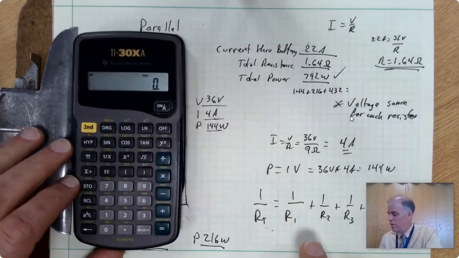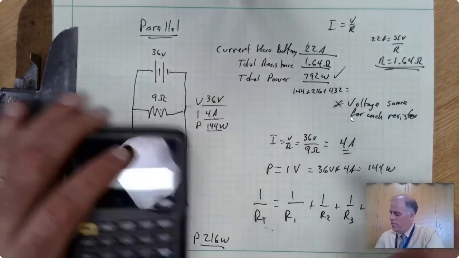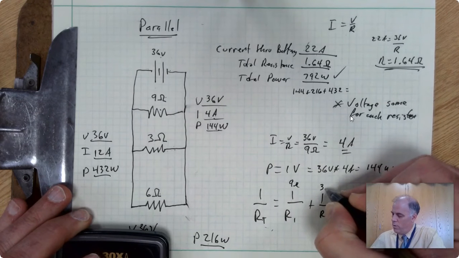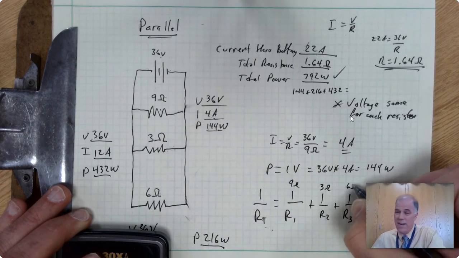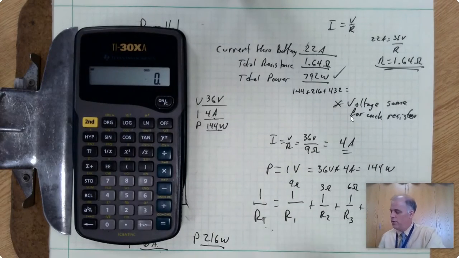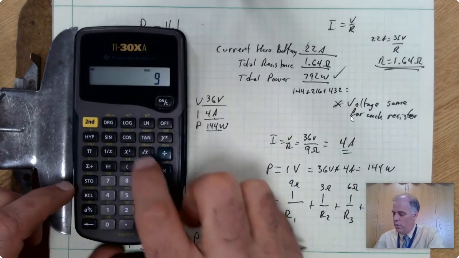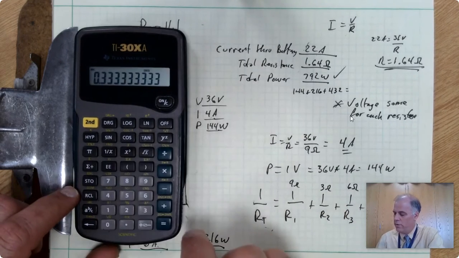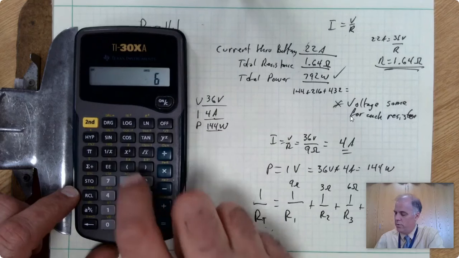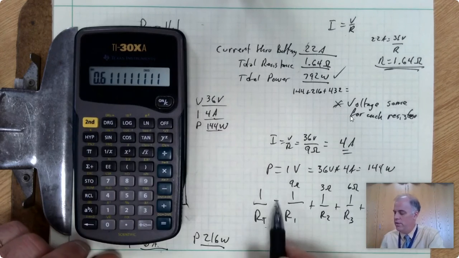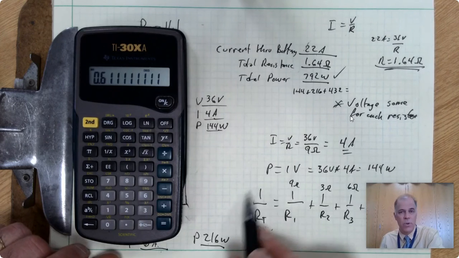So let's do this. It's going to be for 9 ohms, 3 ohms, and 6 ohms. I'm writing them here because I'm going to be covering this up with the calculator so there's not too much glare. So we'll do 9, 1 over x, plus 3, 1 over x, plus 6, 1 over x, equals. So 0.611111 is the inverse of the total resistance.